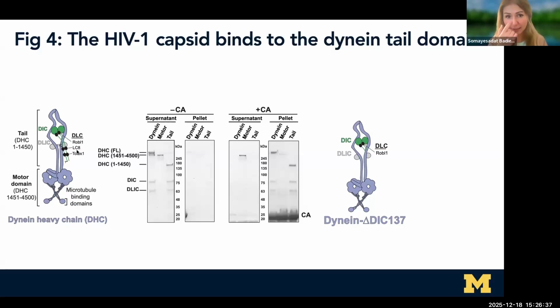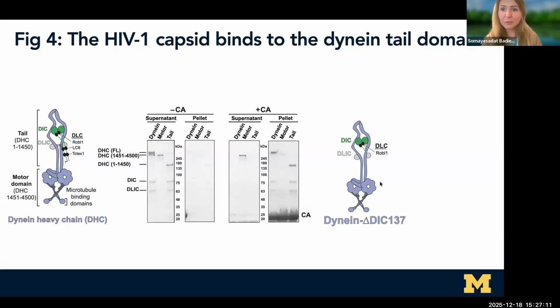To see if this is the case, I generated a dynein that I call dynein delta DIC 137. DIC stands for dynein intermediate chain, and this green part is what I deleted, the 137 N-terminus. When I delete this part, both LC8 and TCTEX1 will be lost. They won't be available in the final structure, and we will have something like that.